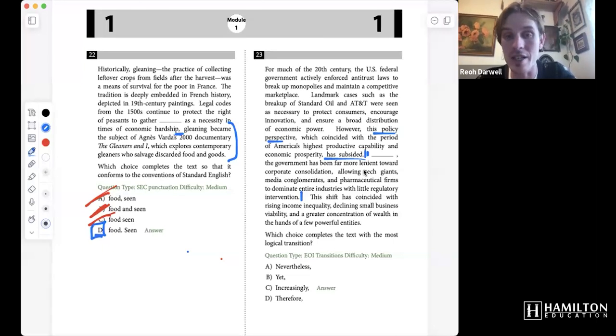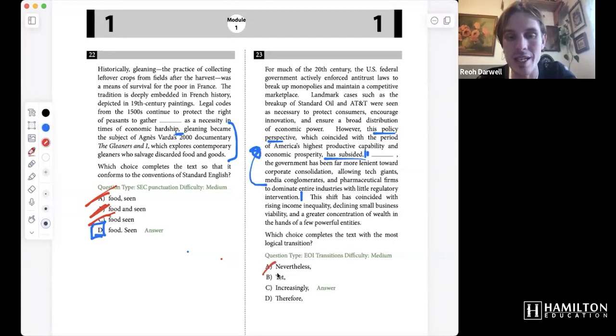When you read the sentence, it says, look, they're more lenient towards consolidation, allowing tech giants, media conglomerates, and pharmaceutical firms to dominate entire industries with little intervention. So that exemplifies this up here. It's an example, right? It isn't an outcome. It isn't an effect. It isn't like repudiation. It's an example.